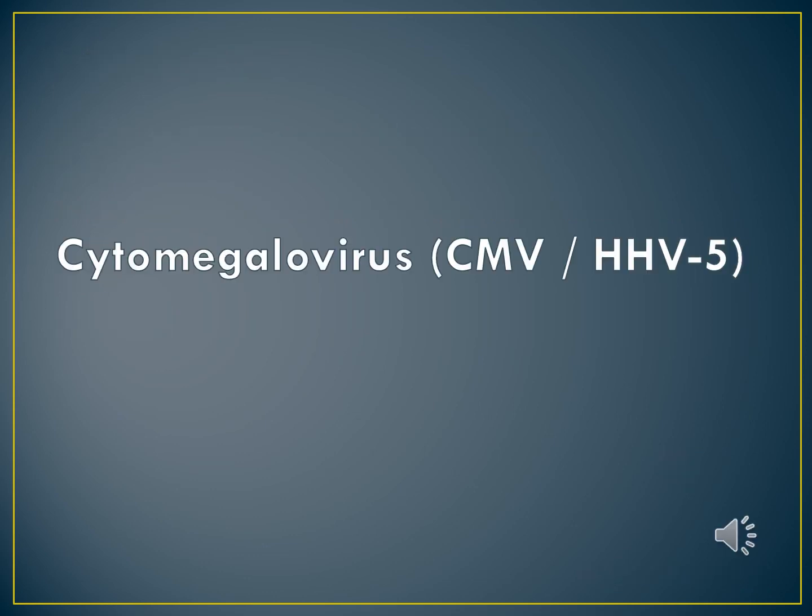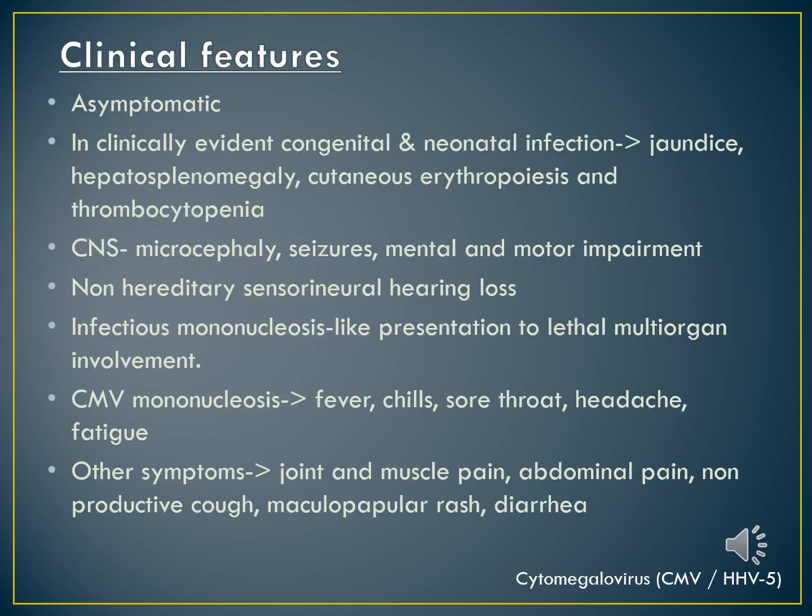Next, cytomegalovirus, also known as human herpesvirus 5. Cytomegalovirus infection is asymptomatic in 90% of the cases. However, in clinically evident congenital and neonatal infection, there will be jaundice, hepatosplenomegaly, cutaneous erythropoiesis, and thrombocytopenia. CNS involvement includes microcephaly, seizures, and mental and motor impairment. And there will be non-hereditary sensorineural hearing loss.